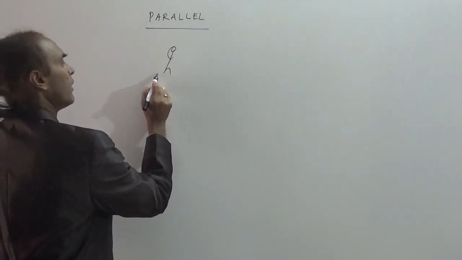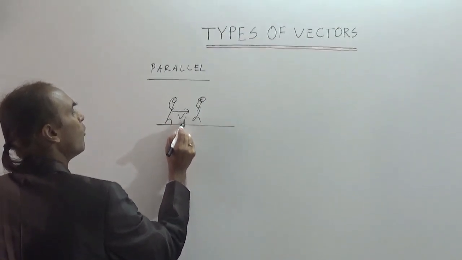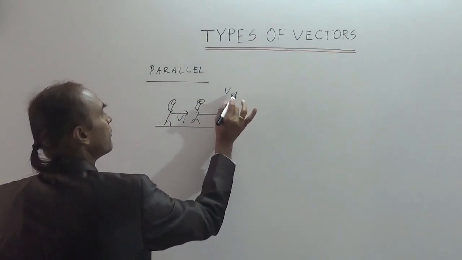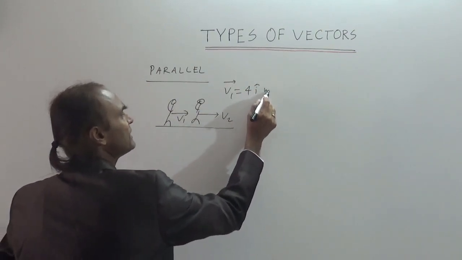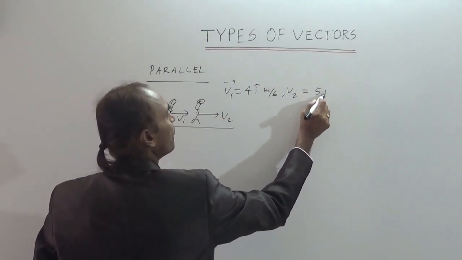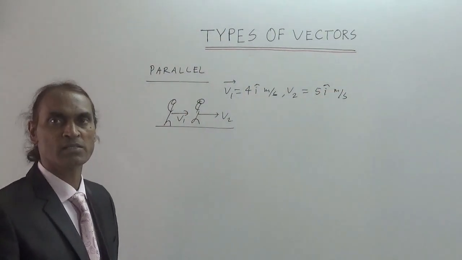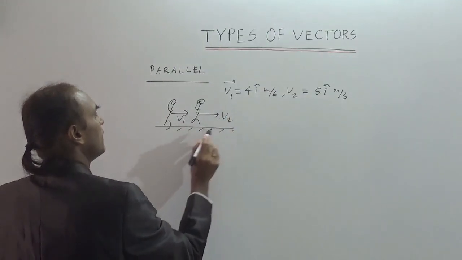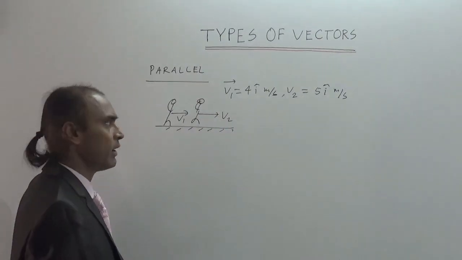When you and your friend both move with velocities v1 and v2, v1 is 4 i cap meter per second, v2 is equal to 5 i cap meter per second. i cap means towards east or towards positive x direction. The directions are equal, but their magnitudes may or may not be equal.